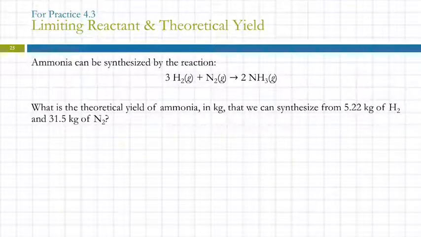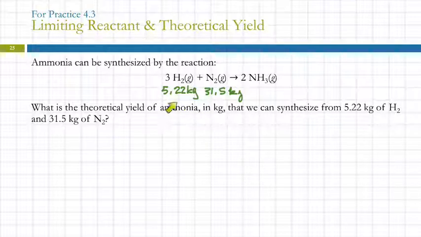What's the theoretical yield of ammonia in kilograms that we can synthesize from 5.22 kilograms of hydrogen and 31.5 kilograms of nitrogen? And we're given a balanced chemical equation here for the synthesis of ammonia. I'm going to use my chemical equation to organize my information. 5.22 kilograms of hydrogen, 31.5 kilograms of nitrogen.